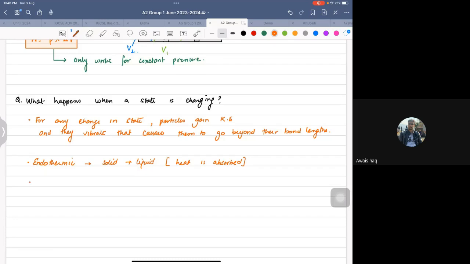And then the other change is called exothermic, which is, for example, when it's going from liquid to solid, that's when heat is released, because now they're losing heat, and the electromagnetic forces between the particles are gaining in value or magnitude, right?